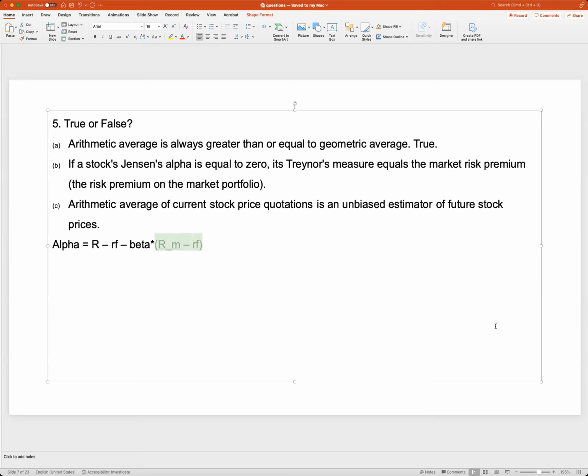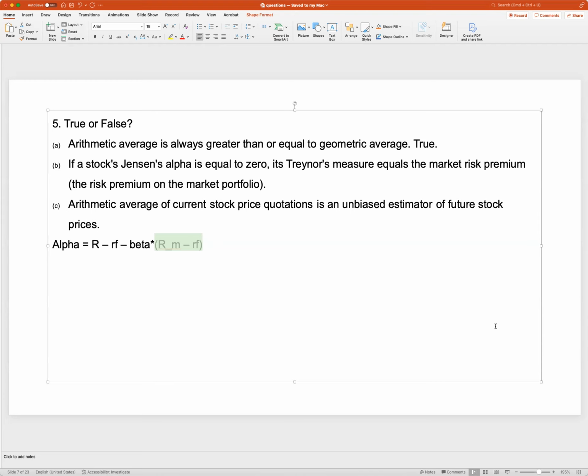So this market return minus risk-free rate component is what we call the market risk premium, or the risk premium of the market portfolio. So Jensen's alpha captures the excess return of the stock, adjusting for the risk-free rate and the beta of the portfolio.